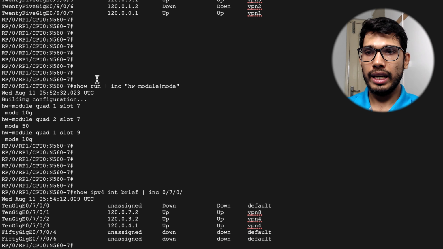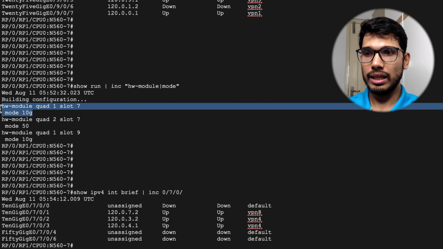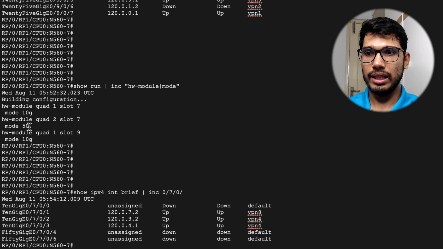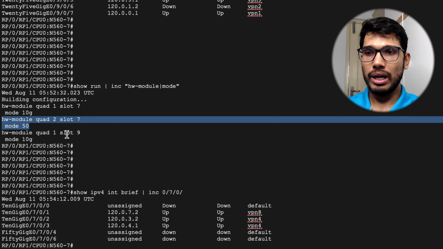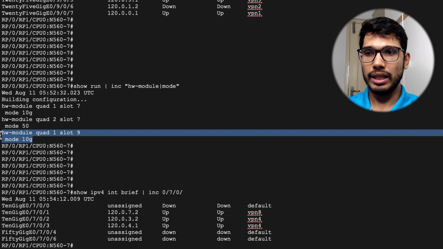Now let's take a combination of other quad modes as well. So if I see the total configuration, I can see my quad 1 slot 7 in 10 gig mode, quad 2 slot 7 is in 50 gig mode, and quad 1 slot 9, which I just configured, is in 10 gig mode.